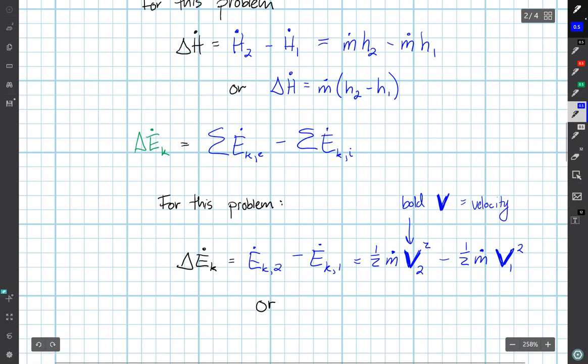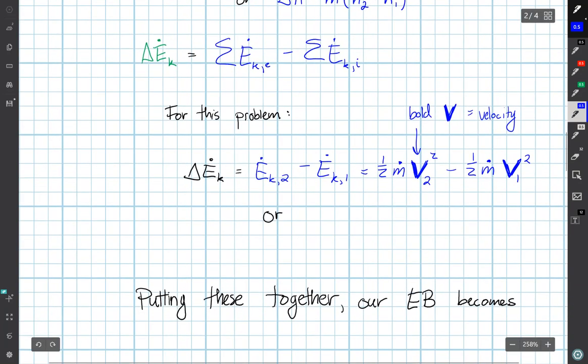We have a lot of V's in this class. We're going to use a bolded letter V for velocity. So we can rewrite that simply as delta E dot K equals 1/2 m dot, now V2 squared minus V1 squared.